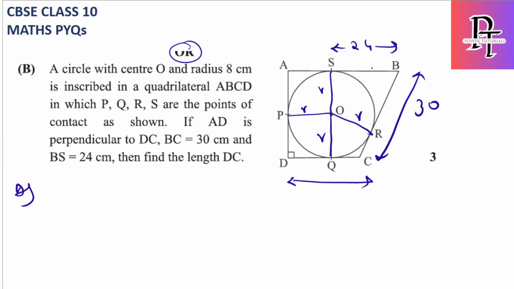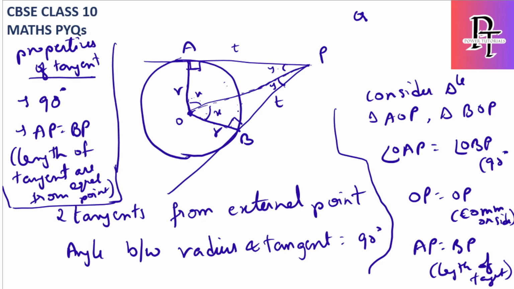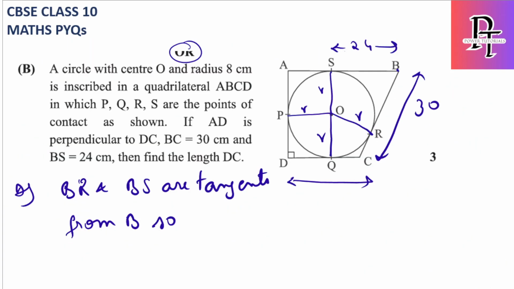From the point B, BR and BS are tangents from B. So the first condition, as I told you, is that these two lengths should be the same.